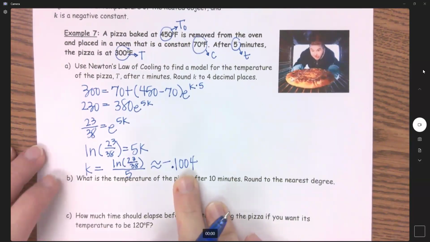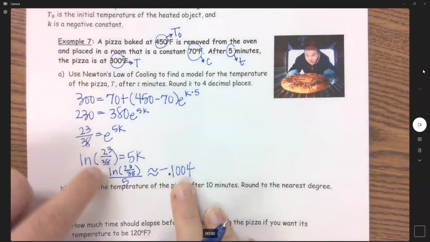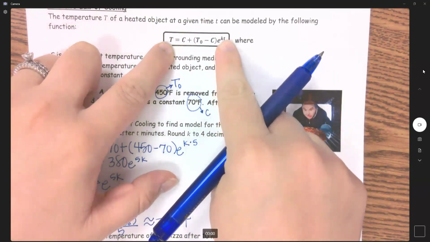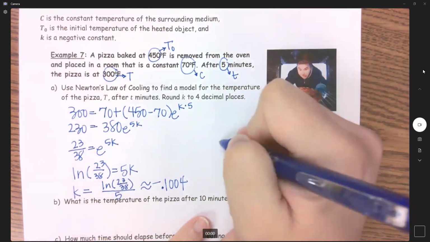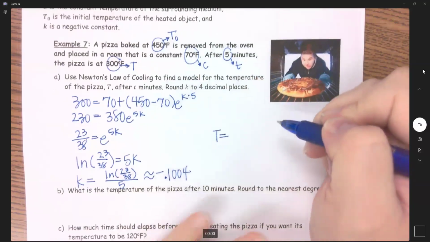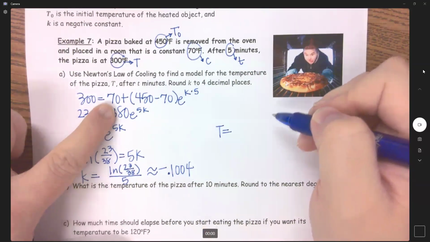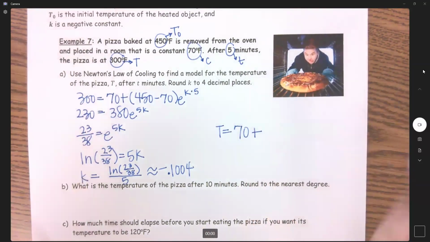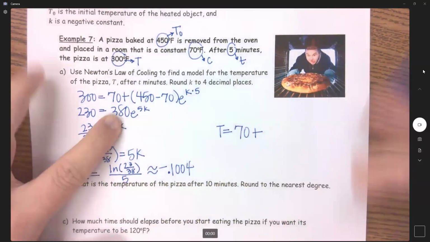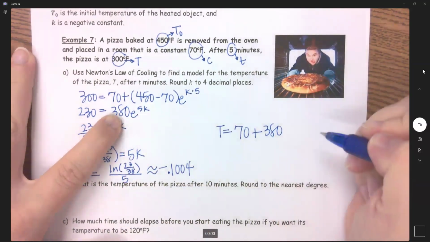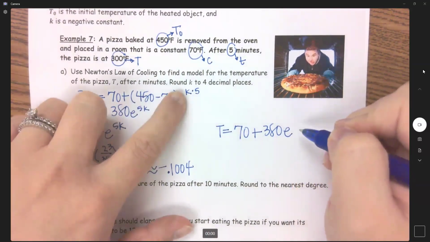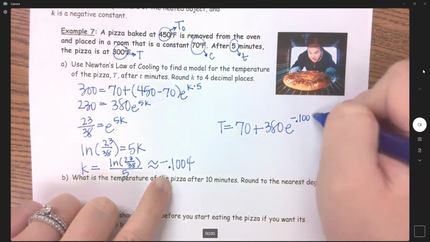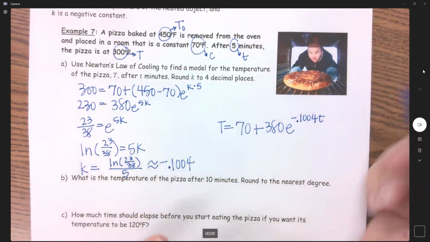So what is my formula then? When I have my formula, I'm not going to know either of these t's here, but I should know everything else. So my formula will be T equals, this isn't going to change, 70 plus, when I combined these, we got 380, I now know my k is negative 0.1004, and then t.